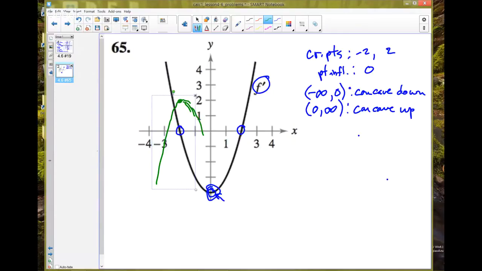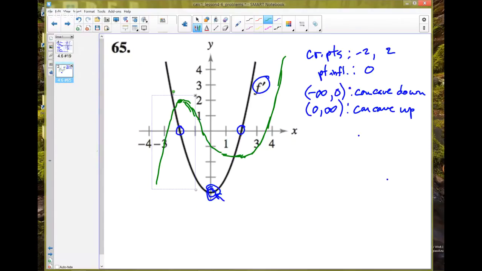And I don't know where, but I do know when it hits x equals 0, it's at a point of inflection, so it's starting to do the other thing. And then I know that when it hits 2, we have a critical point again. And all of this stuff is concave up from 0 on.